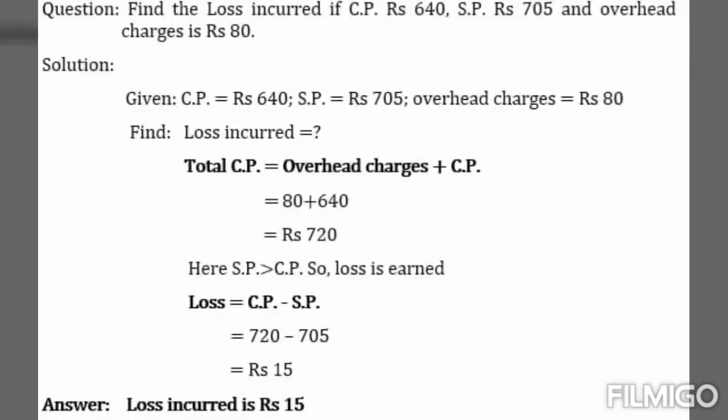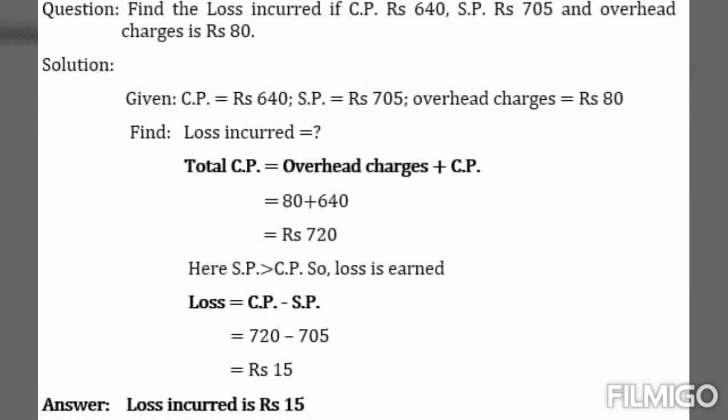Find the loss incurred if the cost price is 640, selling price is 705, and the overheads is 80. Overhead charges means the expenses we incur at the time of purchasing, so it is a part of cost price. So CP is 640, selling price is 705, overheads is 80.